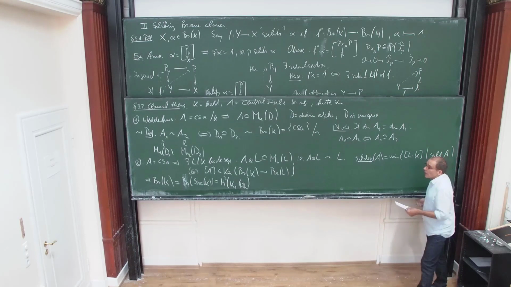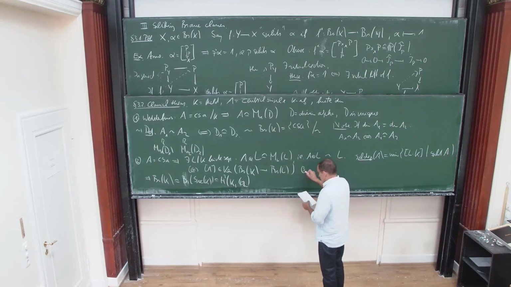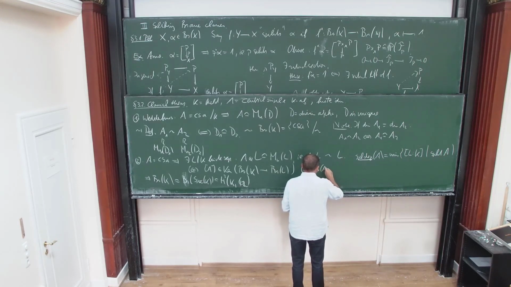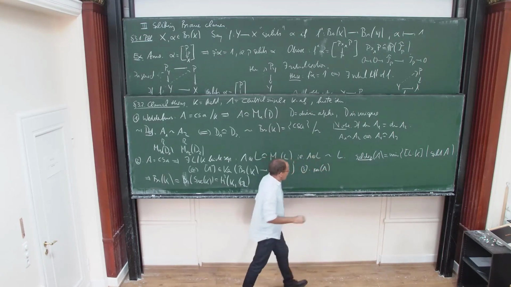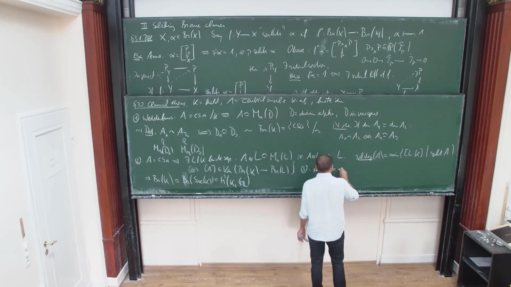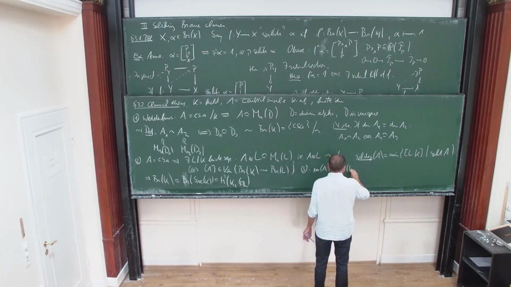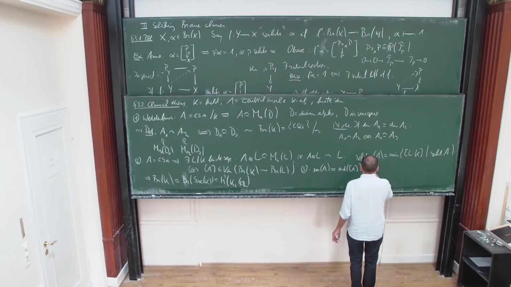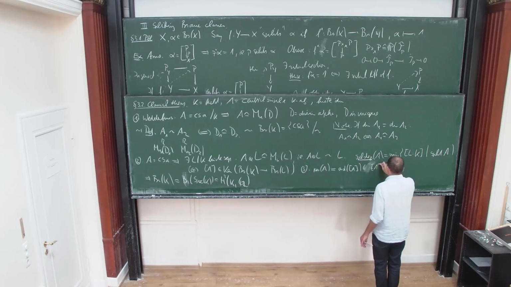The third fact is, which I find a little confusing, the period of an Azumaya algebra is actually just the order of its class in the Brauer group.